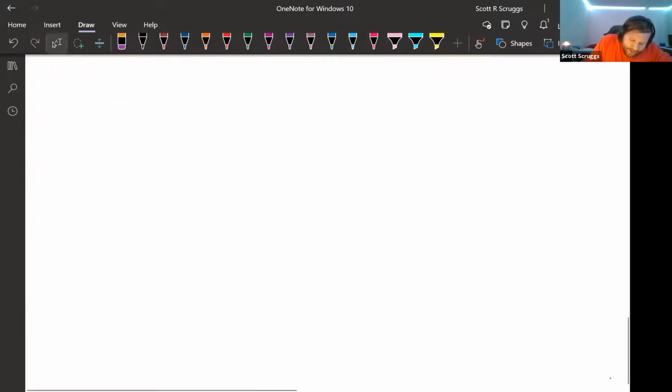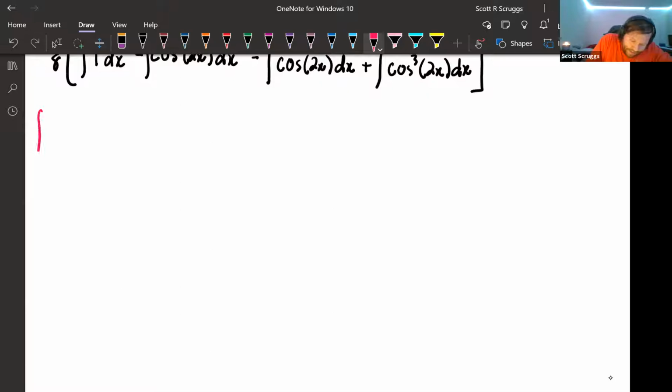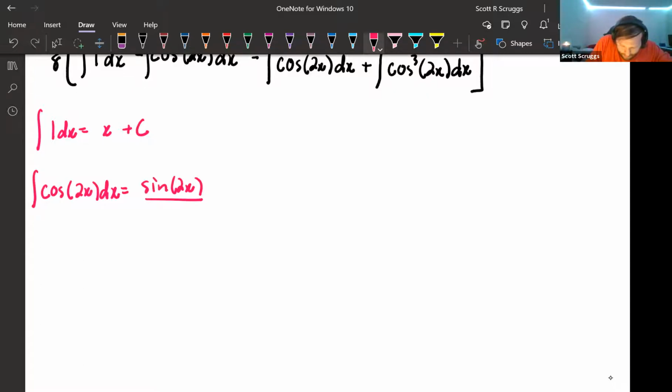So I'll make that as a note. I already have what this integral will be. I also have what this integral will be. So those two integrals are taken care of.